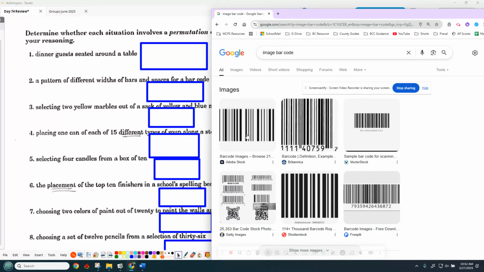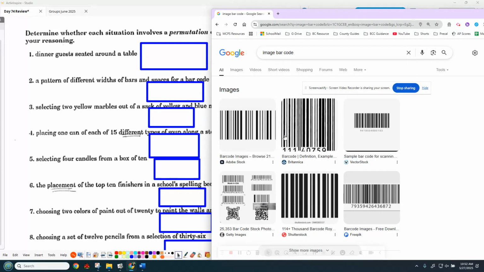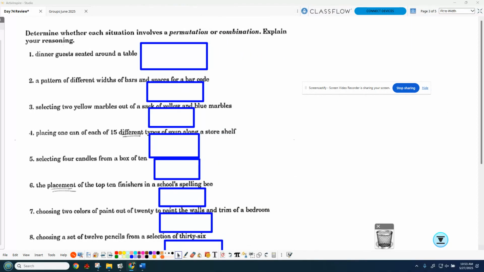Does it matter that there's the skinny, a fat, and really skinny, and a kind of big white space? Yeah, because evidently white, black, white makes a 1. White, black, white makes a 1. But this, I don't know. It matters. So, was that a permutation or a combination? The bars. Permutation. It matters.